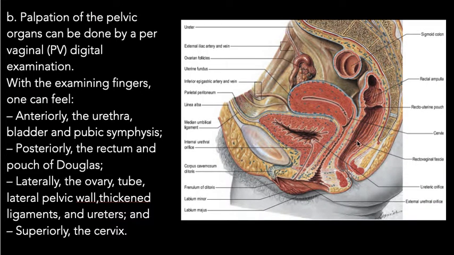Palpation of the pelvic organs can be done by upper vaginal digital examination. Right, so we can palpate anteriorly the urethra, the bladder, and the pubic symphysis, posteriorly the pouch of Douglas and the rectum, laterally the ovary, the tubes, the lateral pelvic wall, thickened ligaments, the ureter, and superiorly the cervix.